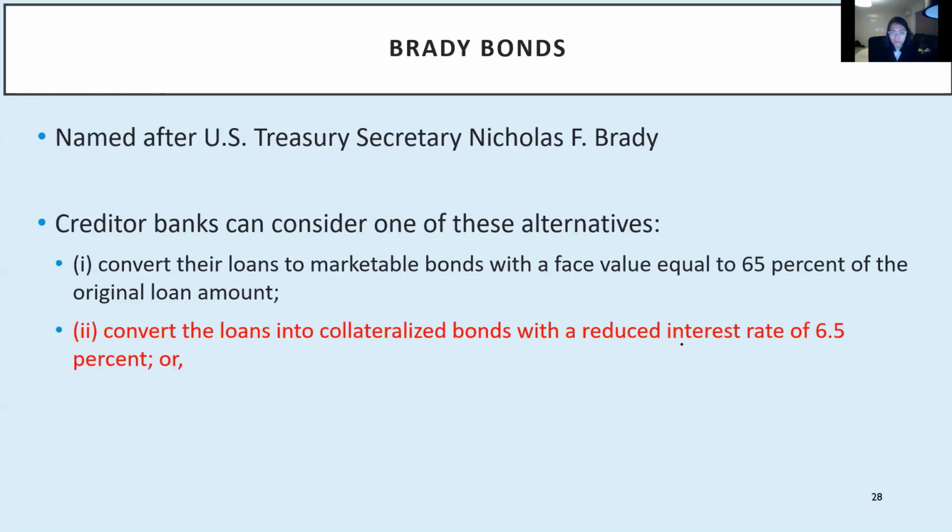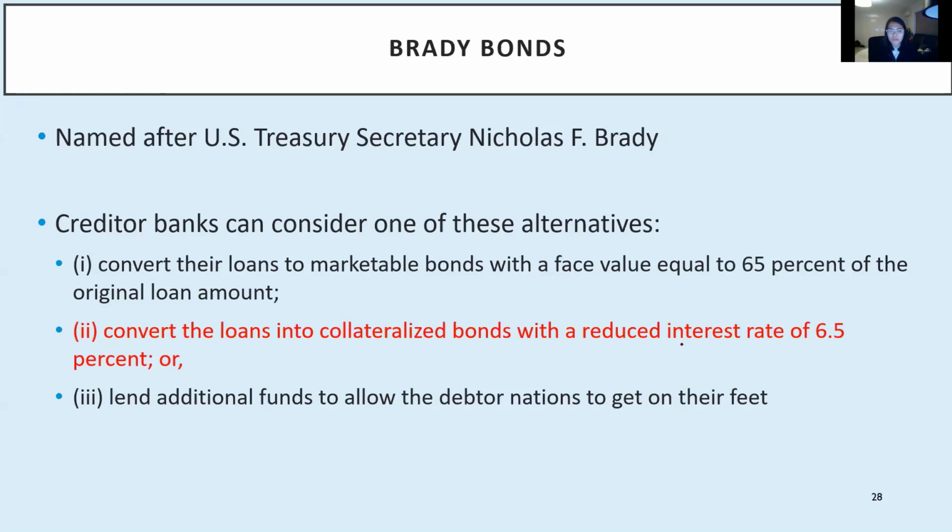Second, they were suggested to convert the loans into collateralized bonds with the reduced interest rate of 6.5. Okay, so they were asked to reduce the interest payment they charge on the debtor countries. And finally, the final suggestion was to lend additional amount to these countries to help them get through the crisis.